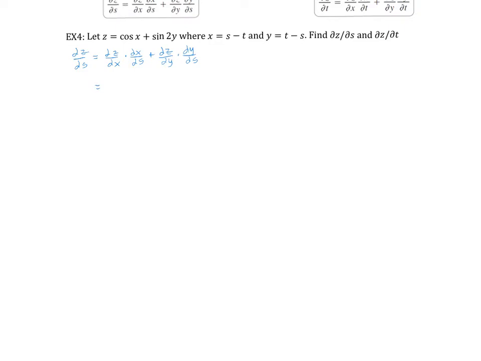That would be simply negative sine of x times 1, plus the partial of z with respect to y would be 2 cosine 2y, as we're using the chain rule there. And then negative 1 would be the partial of y with respect to s.